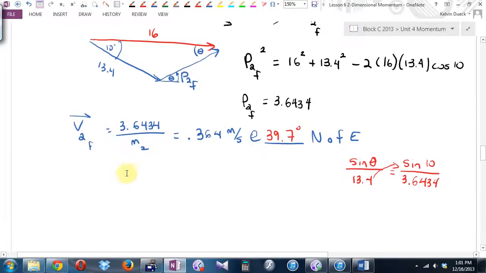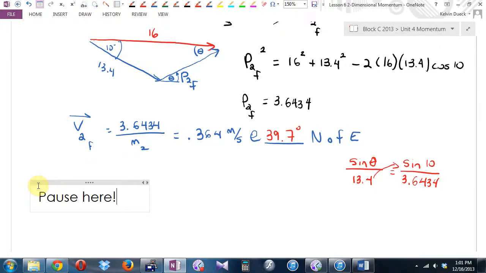Part B wants us to do stuff with the kinetic energy. We are going to pause here. But before we zone out, again, key ideas here. Collision, explosion, still conservation of momentum.